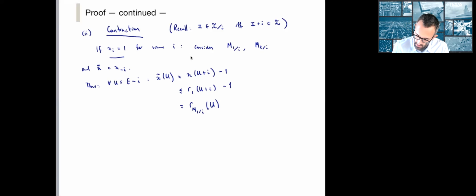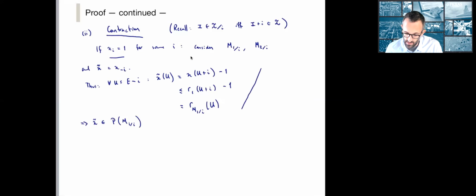So this implies that x tilde is an element of the independent set polytope for the contraction, because it satisfies all of these constraints. This is exactly what this is saying. But it also satisfies this with respect to R2, so I could have replaced R1 with R2, and therefore it is also an element of P of M2 with i contracted.